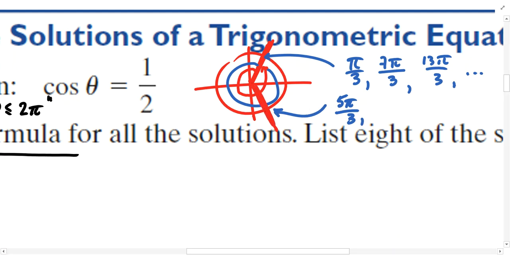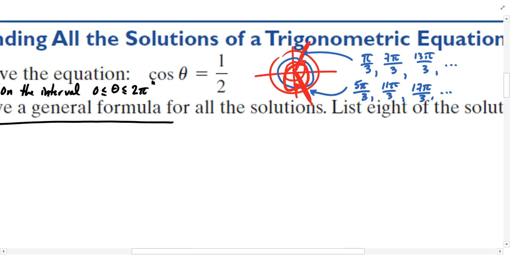Certainly, this position right here was a solution, but if we rotate an additional time around the unit circle, then we have another solution at 11 pi over 3. That's just one full rotation, or 6 pi over 3 radians beyond the initial solution. And again, we can do that, 17 pi over 3, and so on.